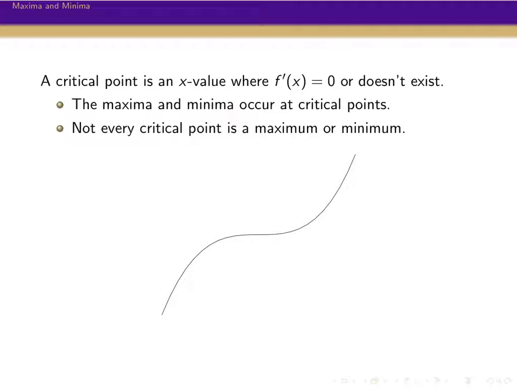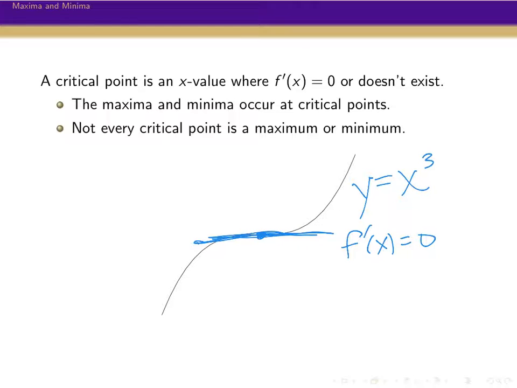Now, on the other hand, not every critical point is necessarily a maxima or minima. And so right here we have a graph of a cubic, kind of like x cubed. So you can think about this as roughly being y equals x cubed. And if you look at this point right in the middle, draw the tangent line there. The tangent line there is horizontal. So f prime of x there is equal to 0, but is that a relative max or relative min?